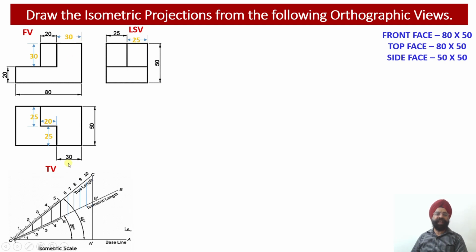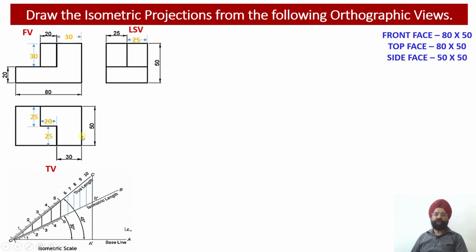So this 30 is available over here. This 30 I have transferred here so that I can have the total edge length of this vertical edge from the right corner, right? So I am working it out this way, that this element will be starting 50 millimeter from the right corner, move 25 millimeter parallel to this edge, and then move 20 millimeter back, again have 25 millimeter width corresponding to this edge.